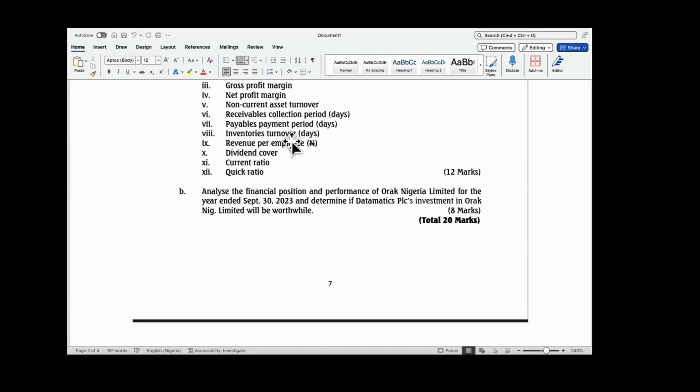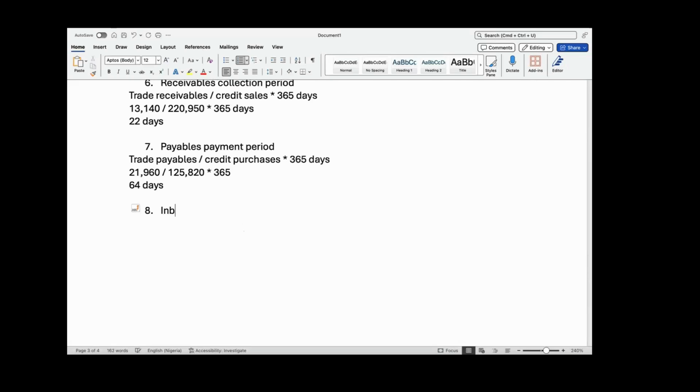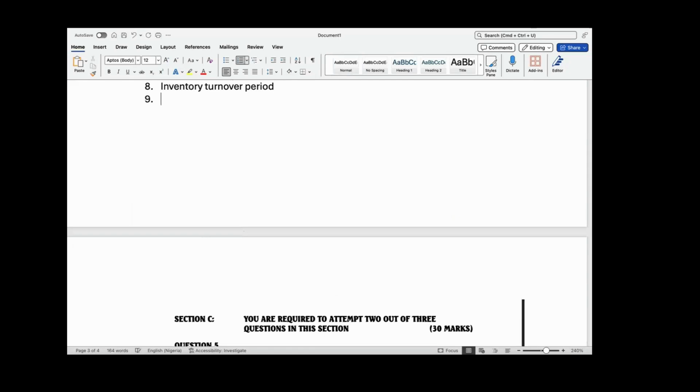The next ratio here is inventory turnover period. So what will be the formula for this?